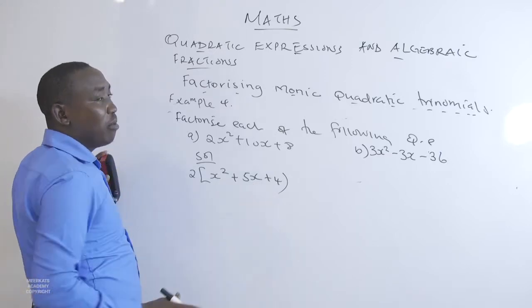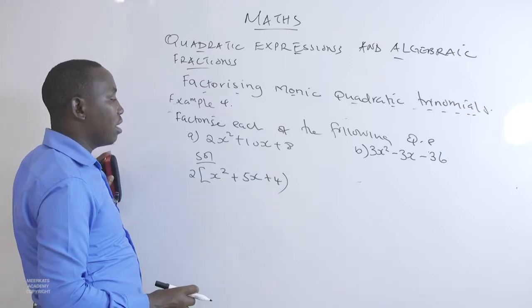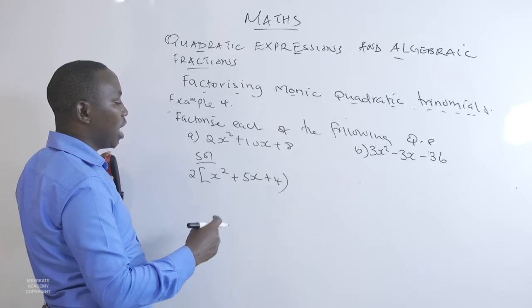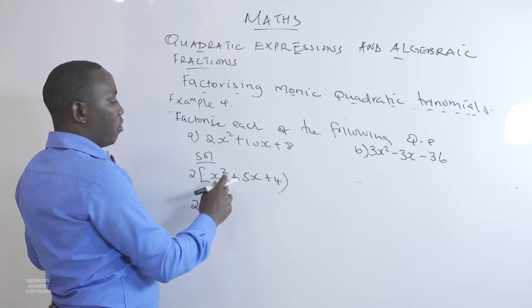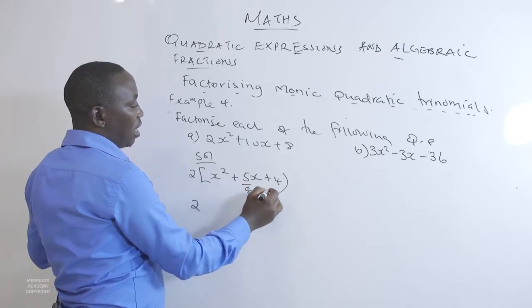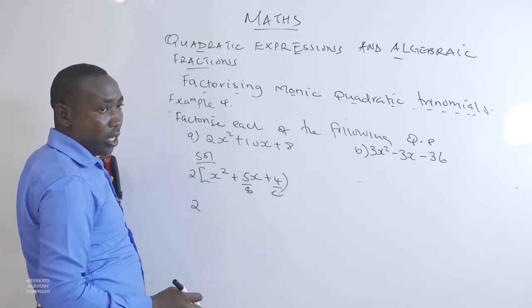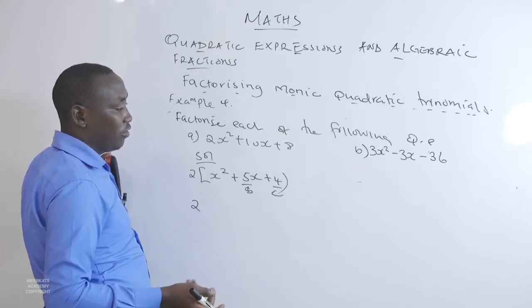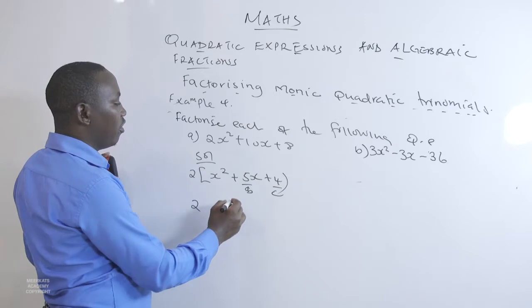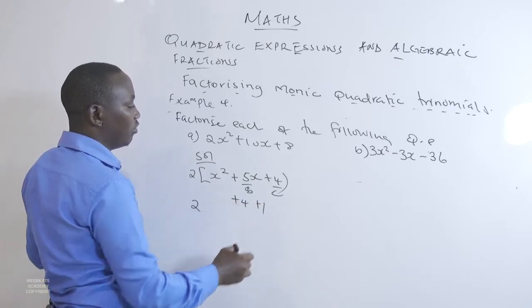This one is now a monic expression, which we can proceed to factorize. This is going to be our b, and this is going to be our c. So two numbers, when you multiply them, give you 4, and when added, give you 5. Those will be positive 4 and positive 1.